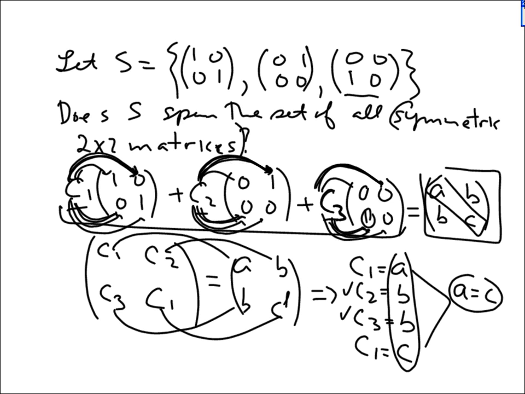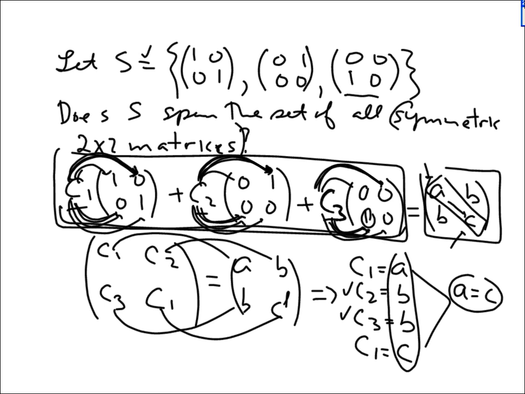So once you find out that these have to be the same, the only way a linear combination of the 3 given matrices in set S will give us a symmetric matrix is when B and C are the same.